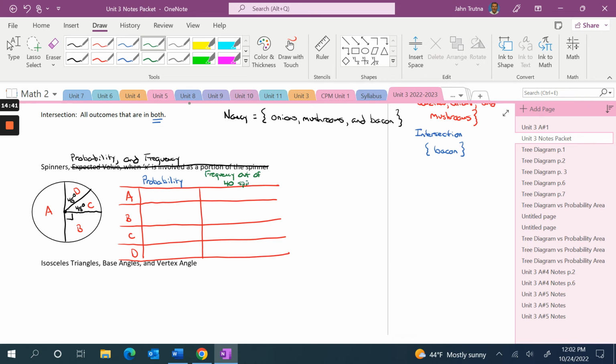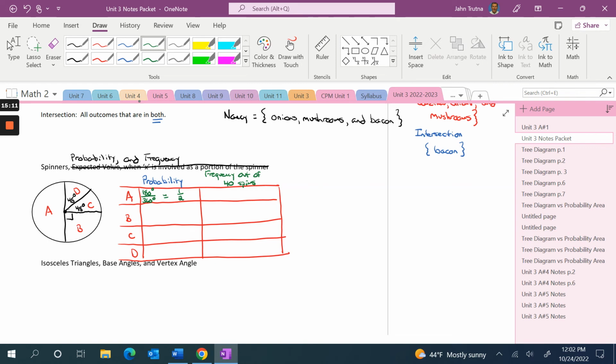Okay, so first of all, let's fill out the probability column. Remember, when you're doing a spinner, the probability of each section is the fraction that the section is of the spinner. So section A is 180 degrees out of 360 degrees. That makes it 1/2 of the spinner.